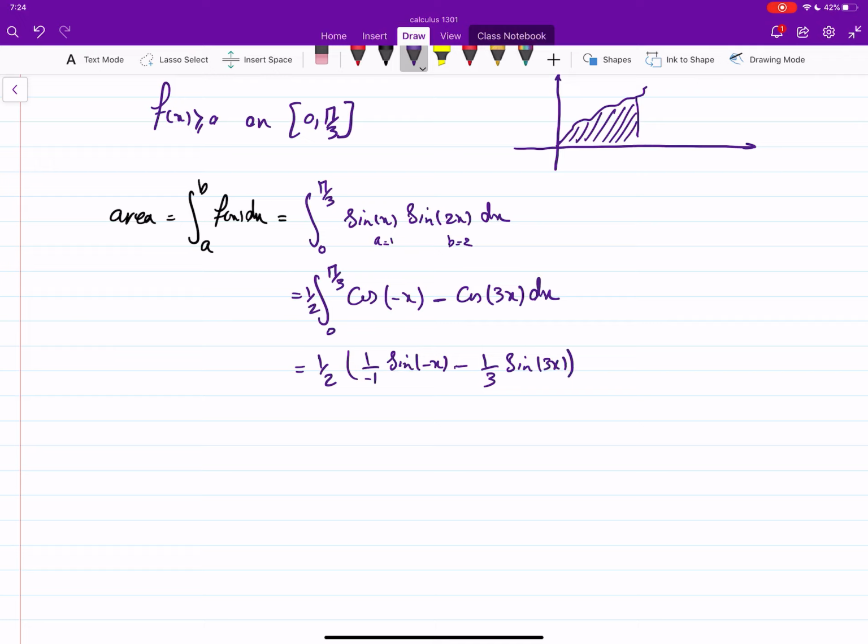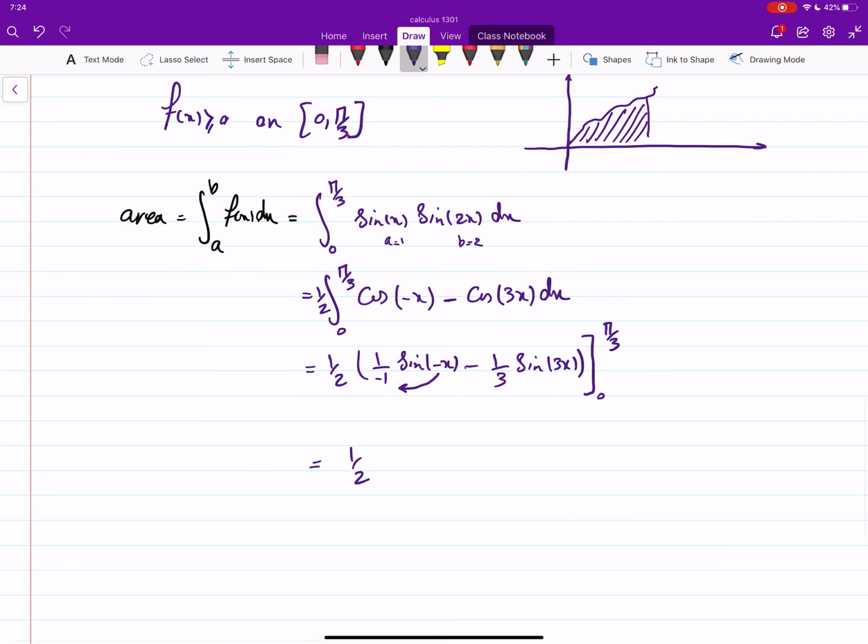Okay, so this is the antiderivative, but we have to go from 0 to pi over 3. So using the fundamental theorem of calculus, I already used that. So let me simplify this before I do. Cosine is even, so that negative comes out. I will get rid of that extra negative sign there.